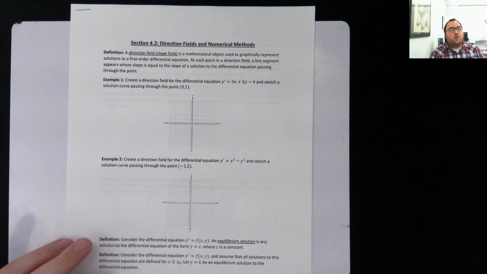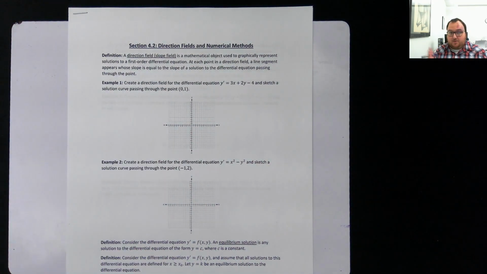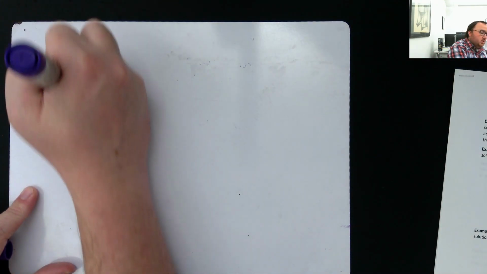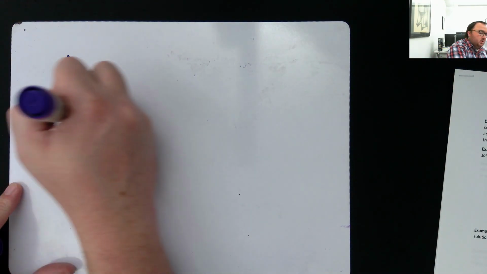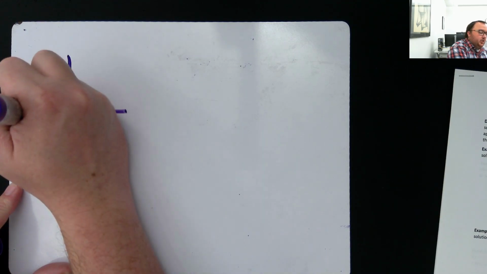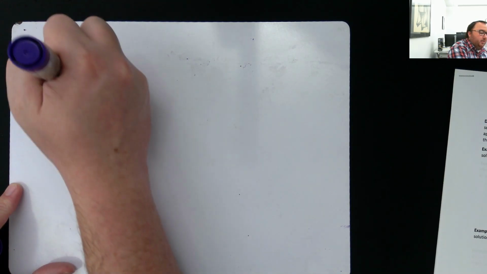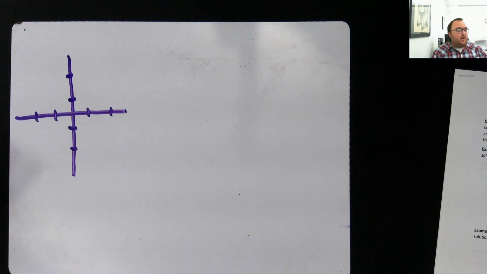Now, for people not in my class, your teacher may, but I won't. So let's just do a slope field going from -2 to 2 on the x and the y. That's it. I only want one that's that big. Anything past that is insane.